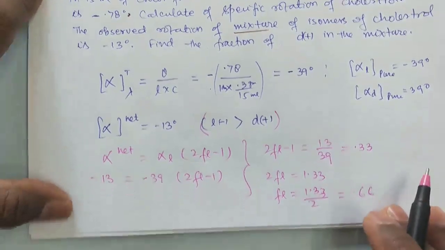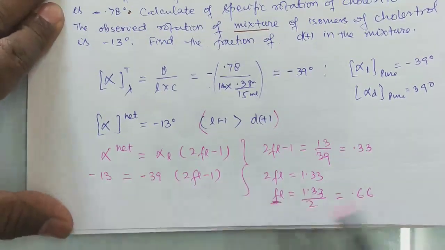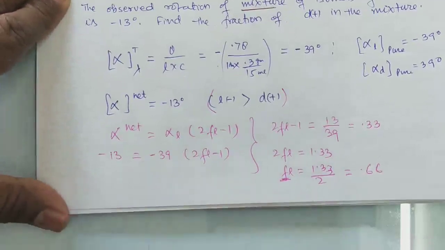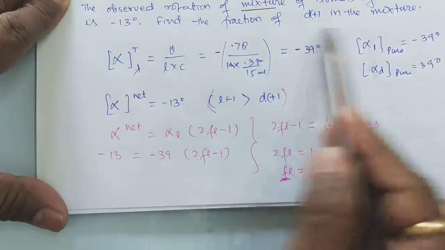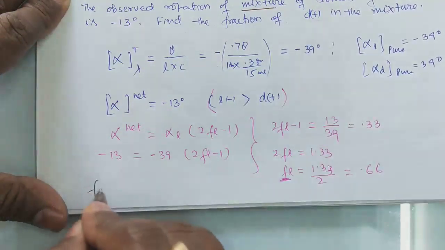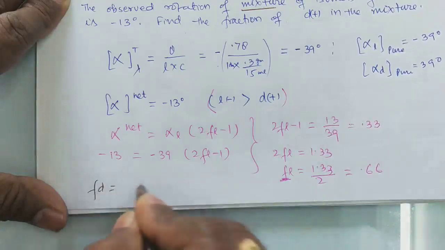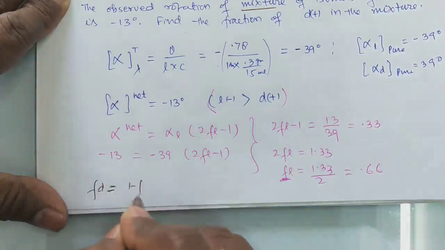So if the fraction of L isomer is 0.66, then FD, because it is asked, find the fraction of D plus. So the fraction of D plus, FD, is equal to 1 minus FL.